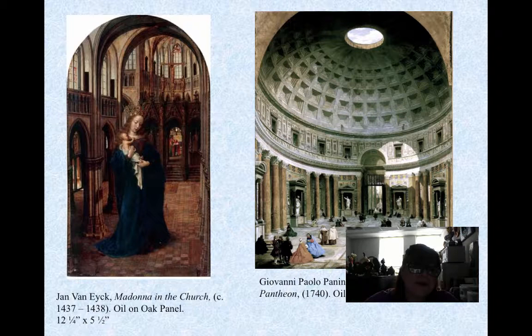And so here they've placed a giant Mary in the church and made her larger than the arches. And then on the right, you can see Giovanni Paolo Panini's The Interior of the Pantheon, which is actually a building from Greco-Roman times. It got made into a church, and you can see the little tiny people in it, just showing you the massiveness of the Pantheon.